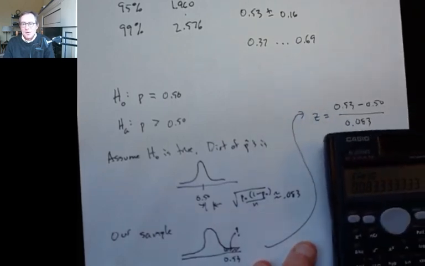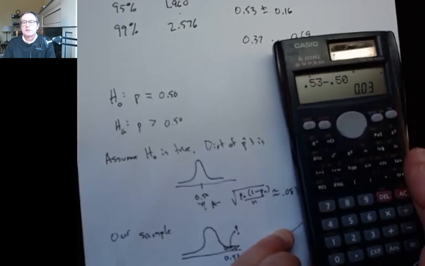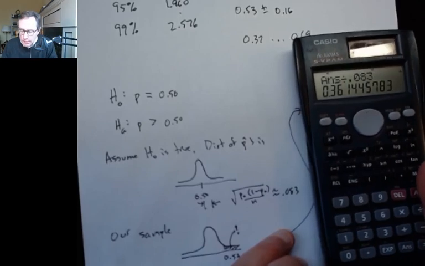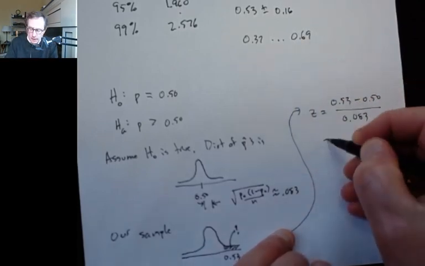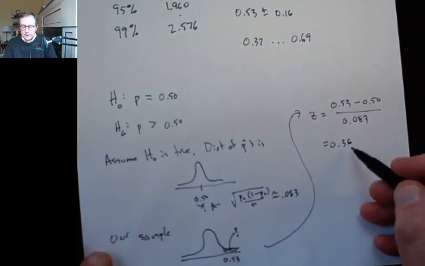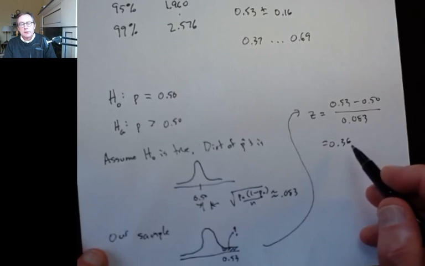So 0.53, take away 0.50 equals, divided by 0.083 equals, and I got 0.36. That's 0.36 standard deviation units. That's not even a whole standard deviation unit.